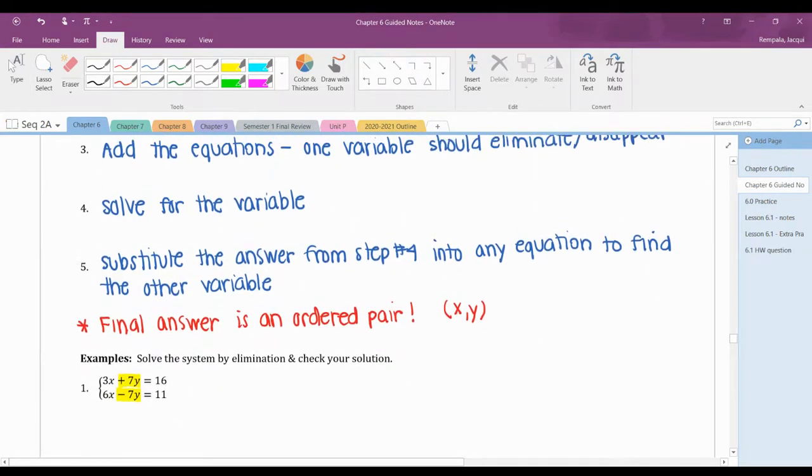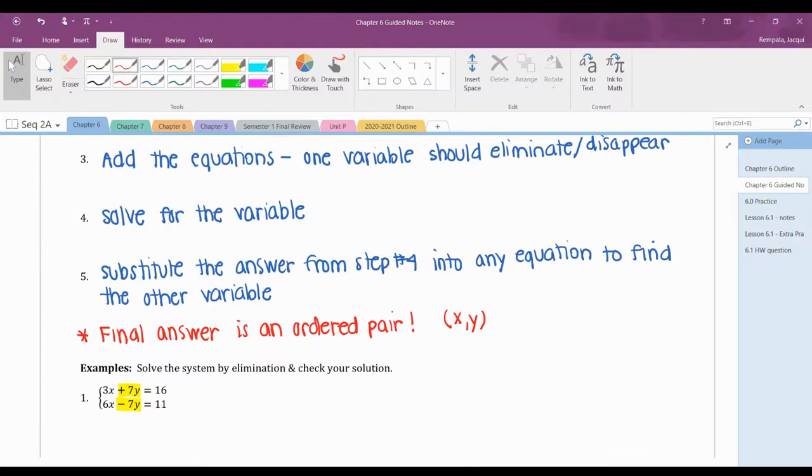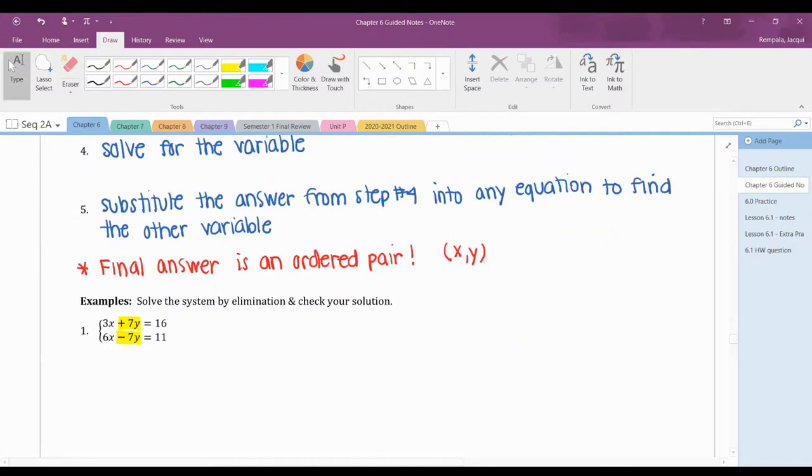We're going to add the equations because then one of our variables should disappear. So if we add our two equations, if I'm adding them together, 3x plus 6x. So I'm adding the x's. Well, 3 and 6 tell me that there are 9 x's.